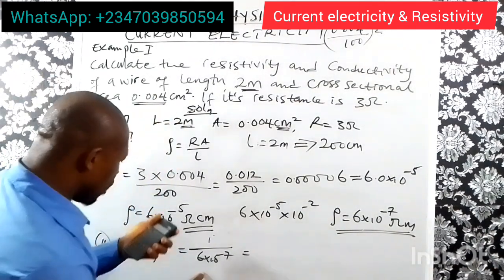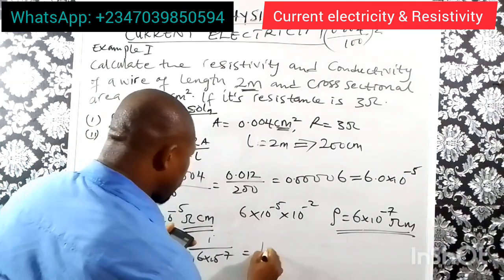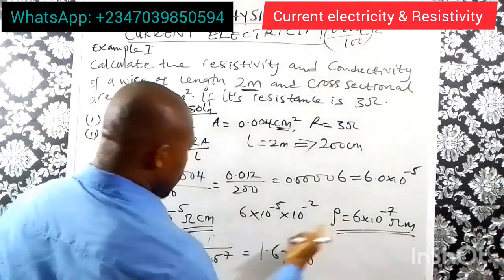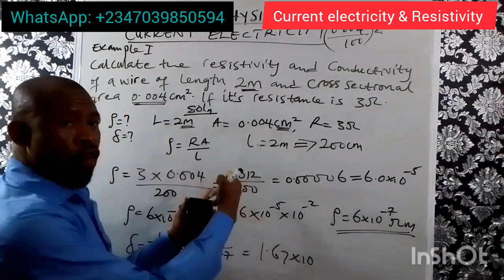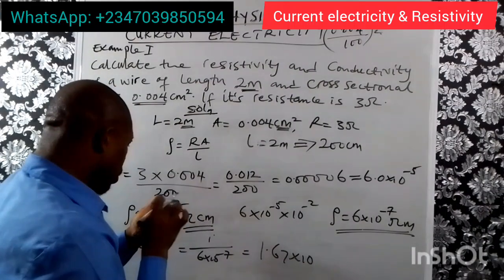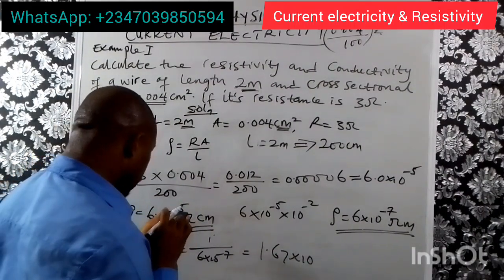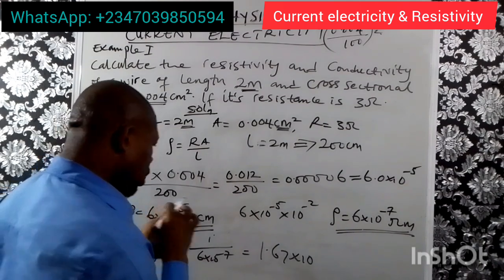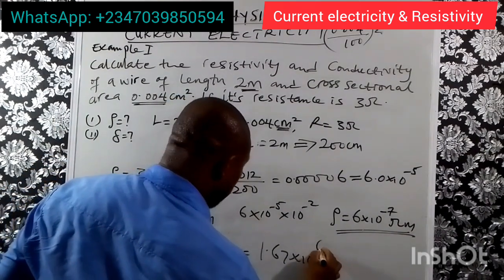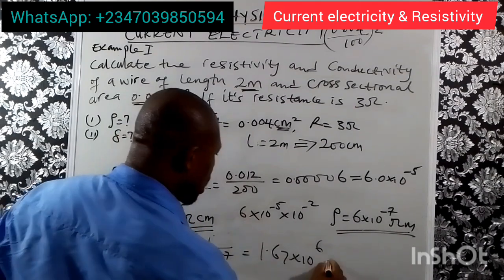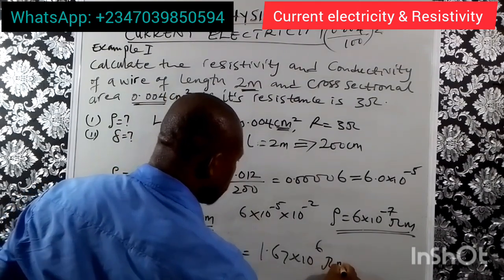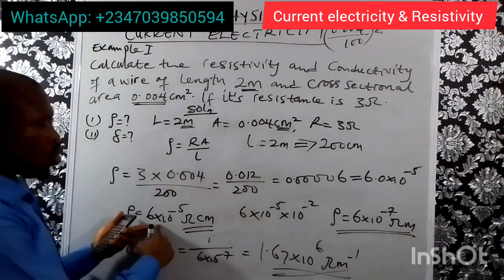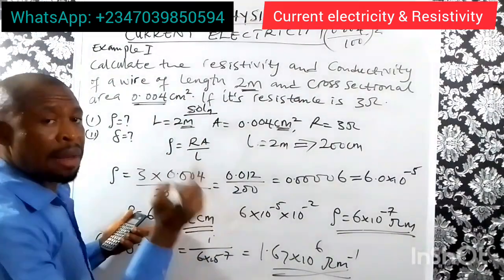If we take the inverse of this, we'll now get 1.67 times 10 raised to the power positive now, because it will now move up. Once it moves up, we will now have 1, 2, 3, 4, 5, 6, raised to the power positive 6 ohms per meter now, because I use this. If you use this now, it will be ohms per cm.